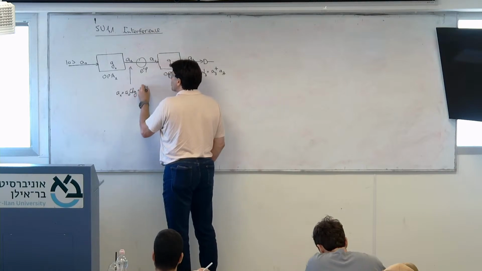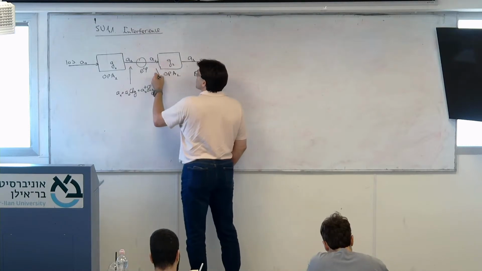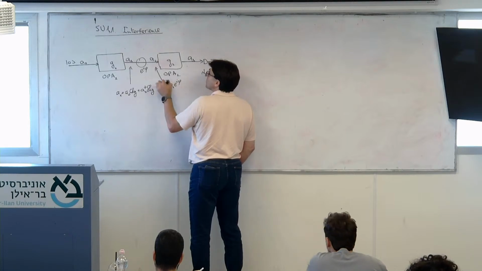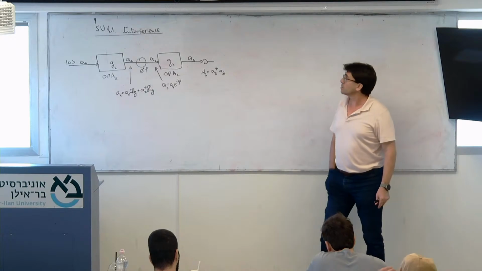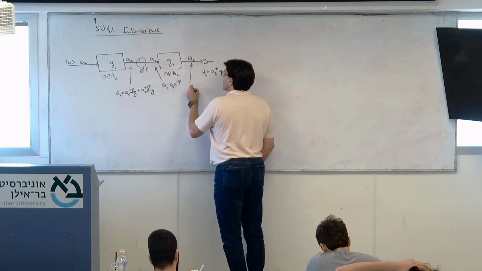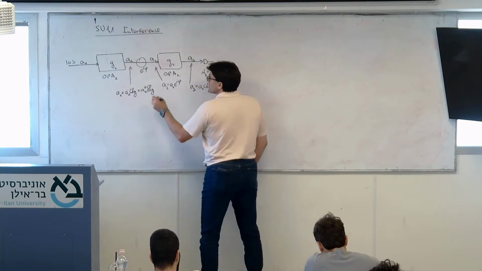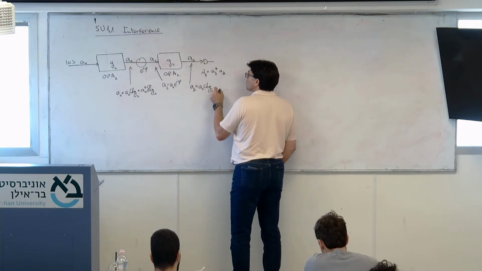Then A2 is just A1 e to the i phi, because there's a phase. That's what the phase does. And then A3 is simply A2 hyperbolic cosine, where the first was G1 and this one is G2.